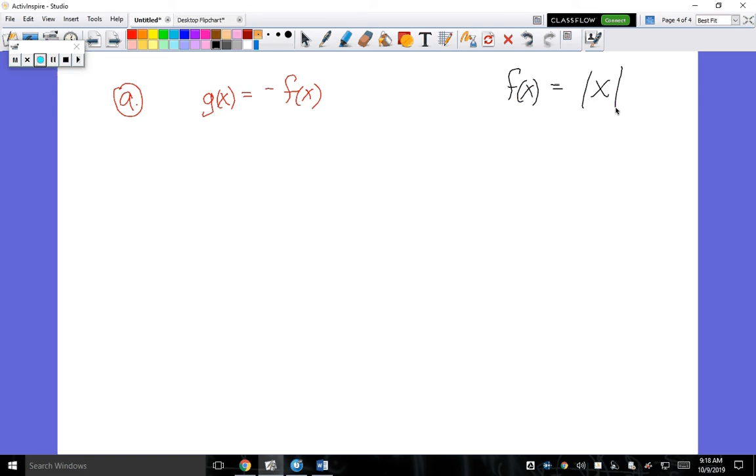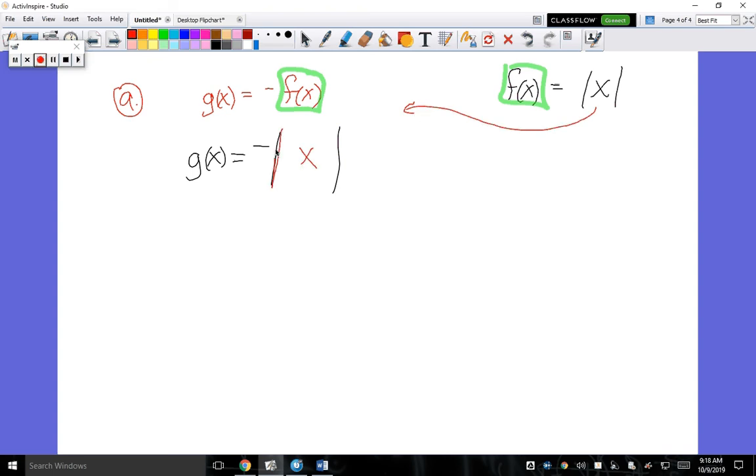So when I'm looking at this right now, this is the parent function. So if I built it, it would literally be the negative of this. So the negative of the parent.